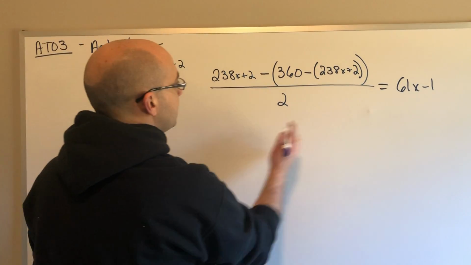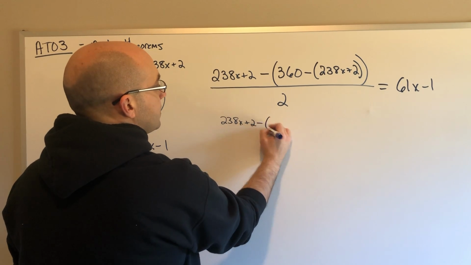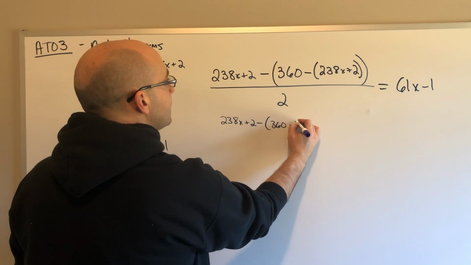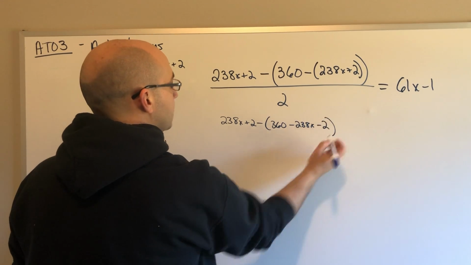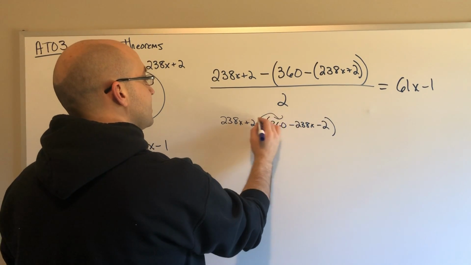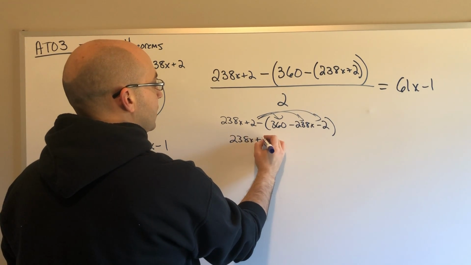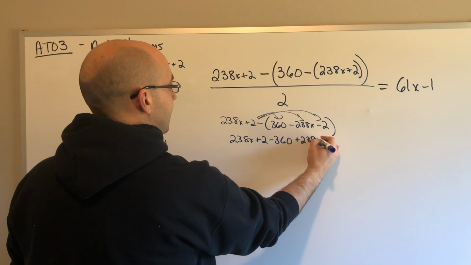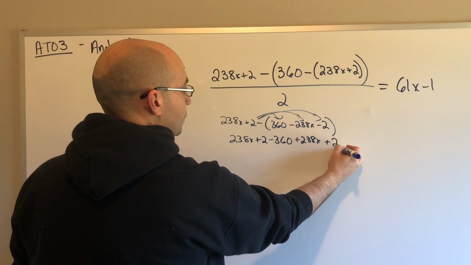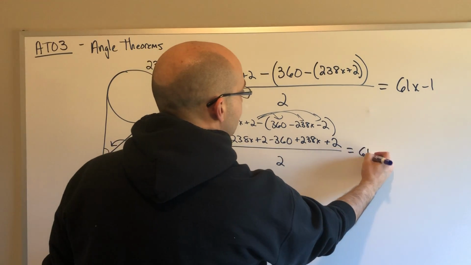Let's go ahead and distribute the inside. So (238x plus 2) minus (360 minus 238x minus 2). Now I'll distribute the minus sign again: 238x plus 2 minus 360 plus 238x plus 2, all over 2, and that will equal my 61x minus 1.